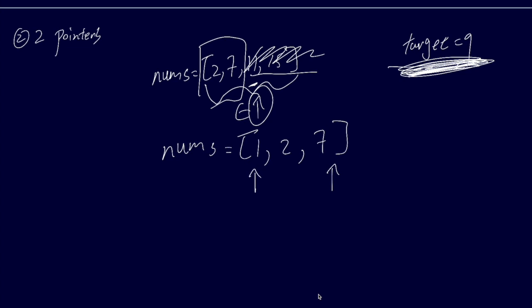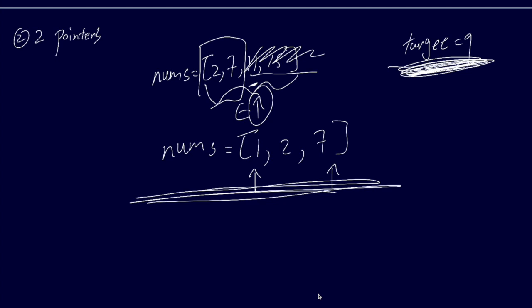So basically what the second approach is doing is we define two pointers at the very beginning: one pointer points to the beginning and the other pointer points to the end of the array. And we just keep shrinking the searching range, and the two pointers never cross each other because we cannot have the same indices, right?